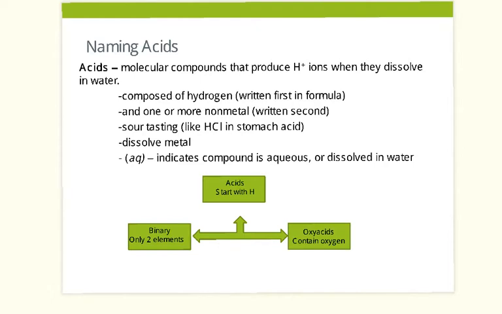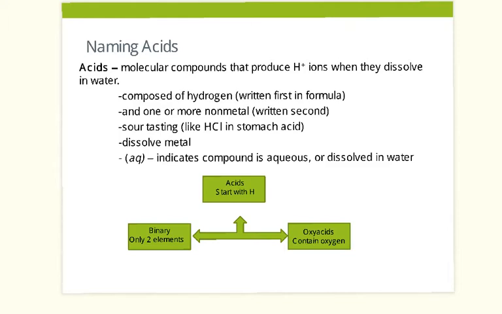They dissolve metals, so they're very strong and corrosive. And usually you'll see the (aq) sign, which indicates the compound is aqueous, or dissolved in water, because you can never see acid by itself. It's too strong, so it's usually dissolved in water.